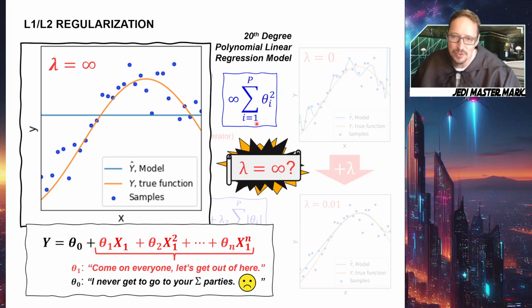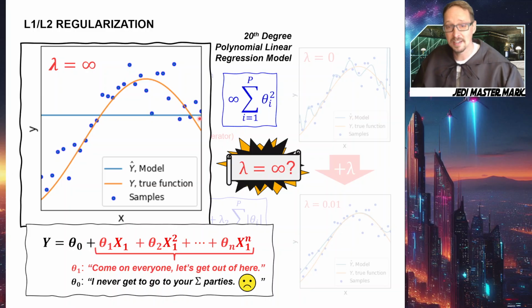Now notice that this is 1 to the number of your theta values. It's everything from theta 1 up to theta 20 in this case, but it's not theta naught. And so what's left behind and isn't penalized is this constant. And so if you penalize this too much by selecting too high of a lambda value, then what ends up happening is it will return a model that's a straight line, where it's only really fit the theta naught parameter.